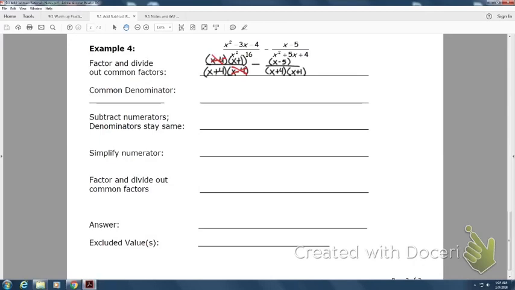I'll also go ahead and do the excluded values at the beginning, please. Don't forget to do those.